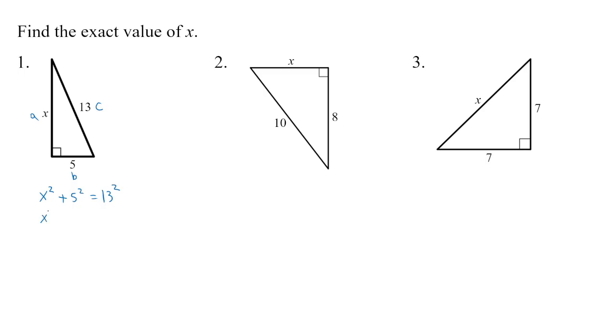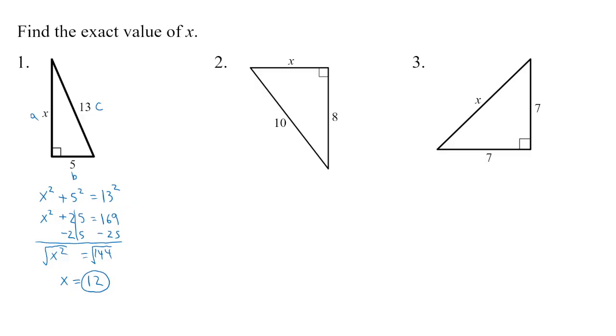We have x squared plus 25 equals 169. Subtract 25 from both sides. You have x squared equals 144, and then you take the square root of both sides, and you have x equals 12. So the solution is 12.